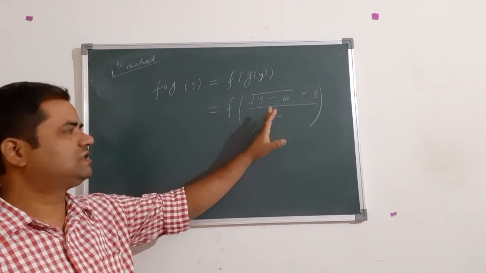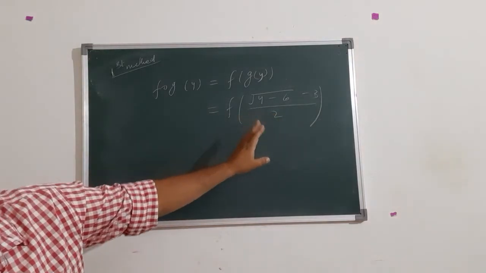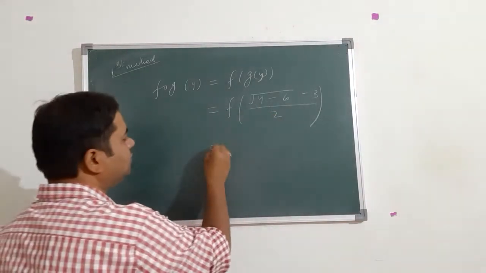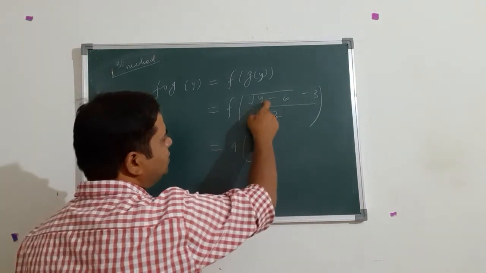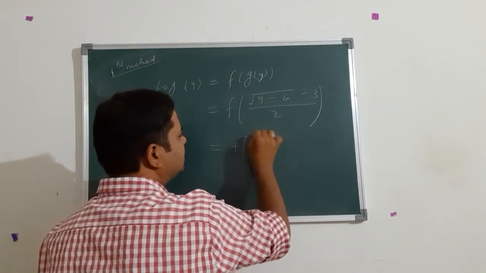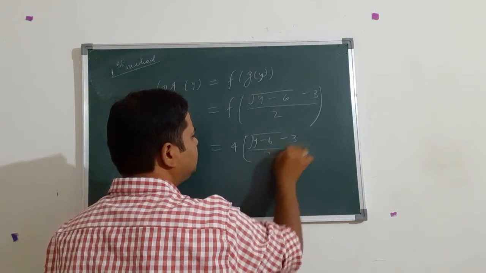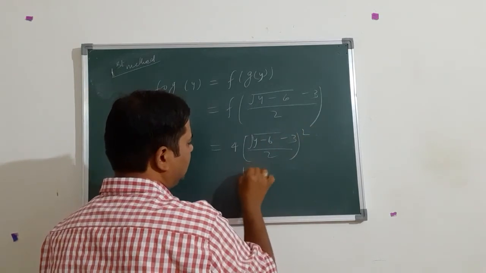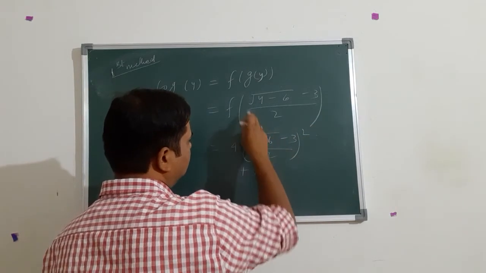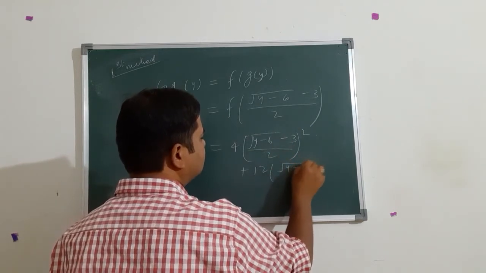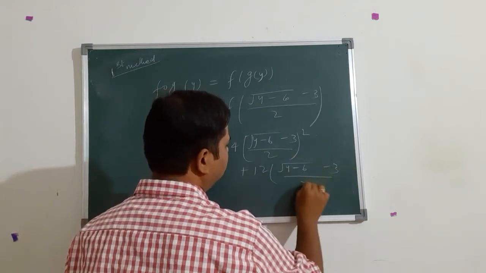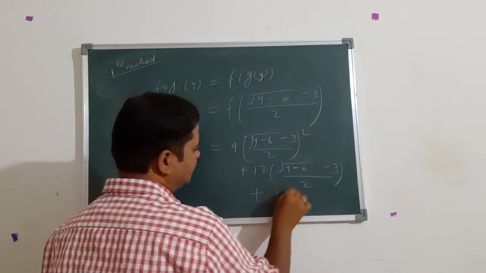Then f of this is 4((√(y − 6) − 3)/2)² + 12(√(y − 6) − 3)/2 + 15.